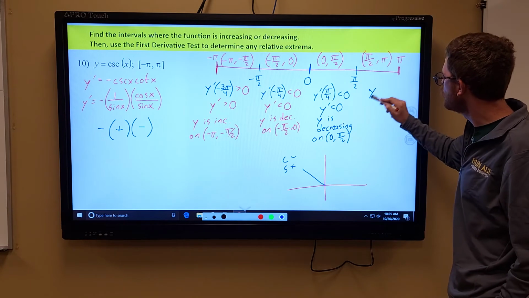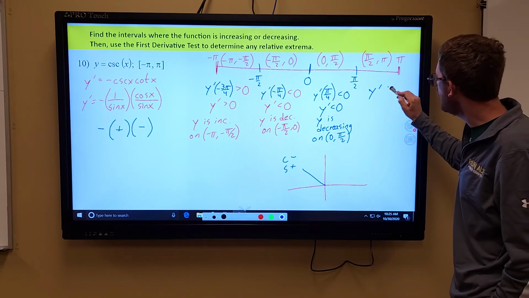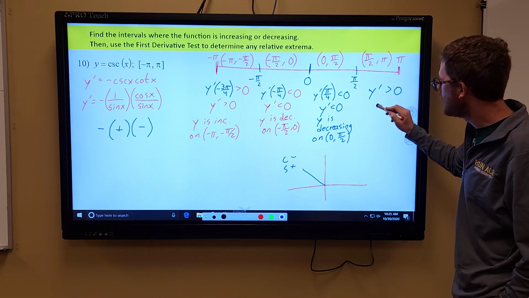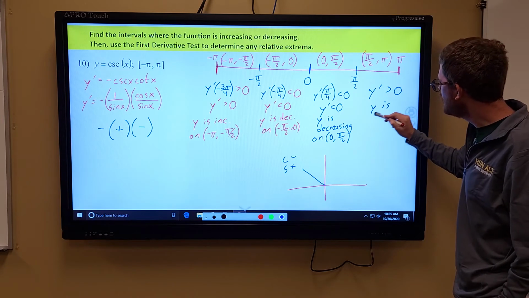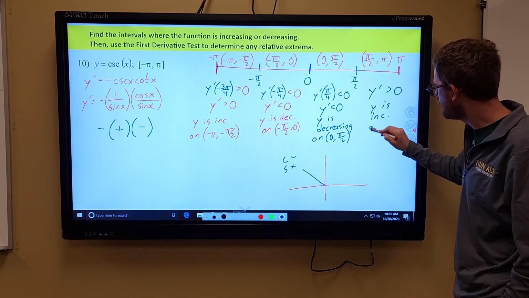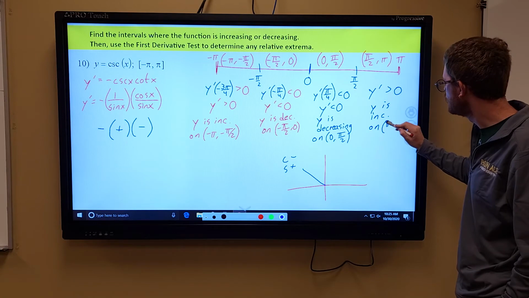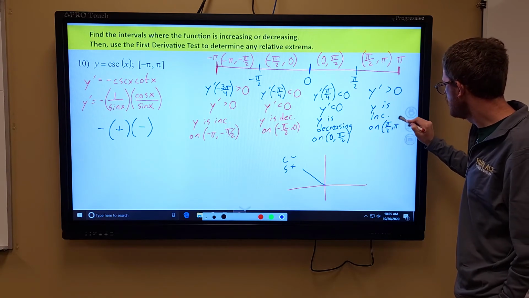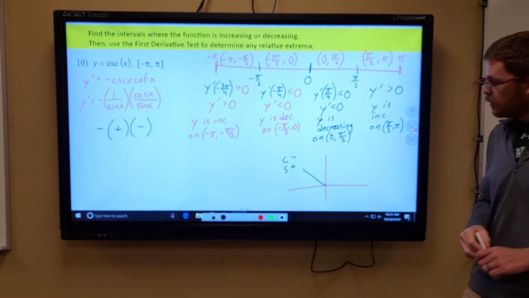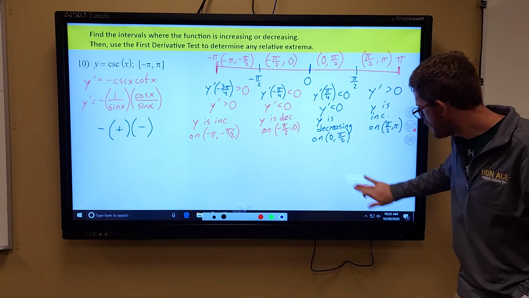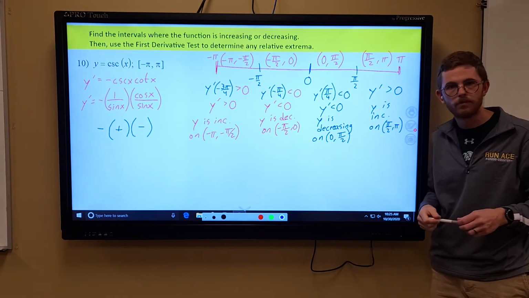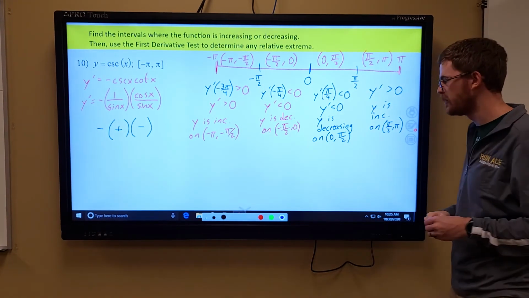And so our first derivative would be positive, and so y would be increasing on our interval from pi over 2 to pi. Whew. Lots of stuff going on right there.